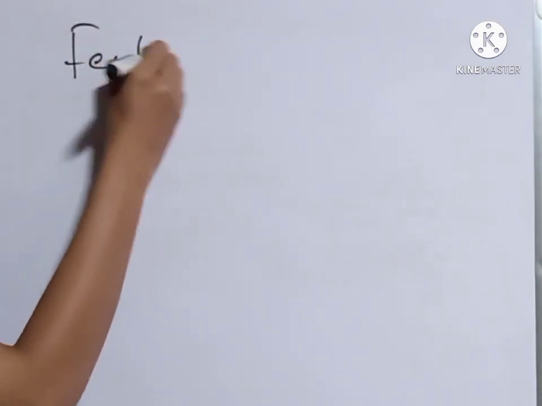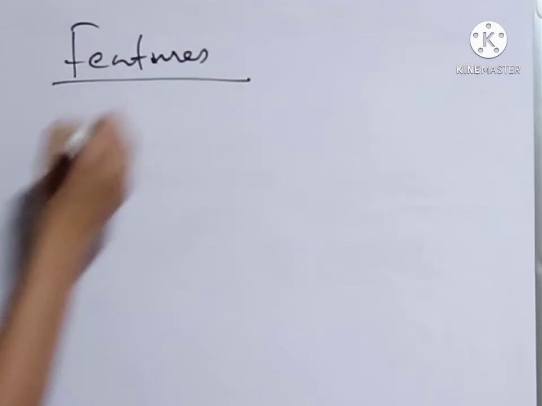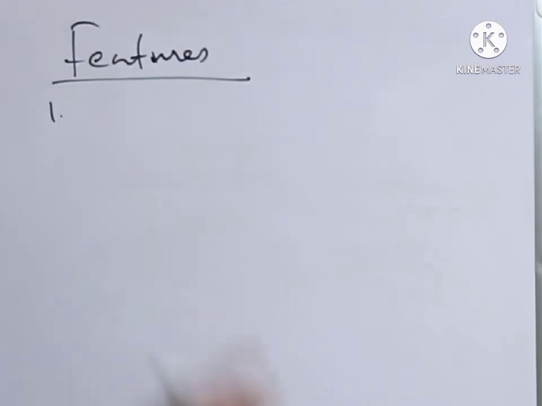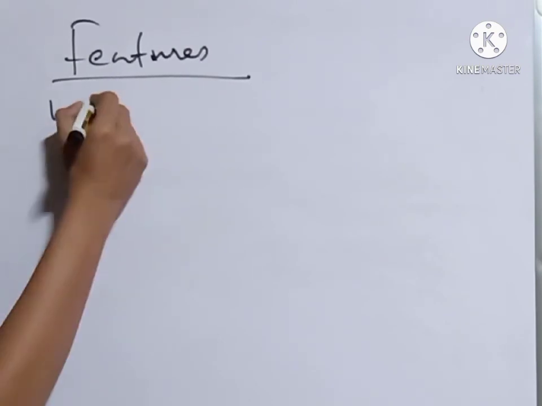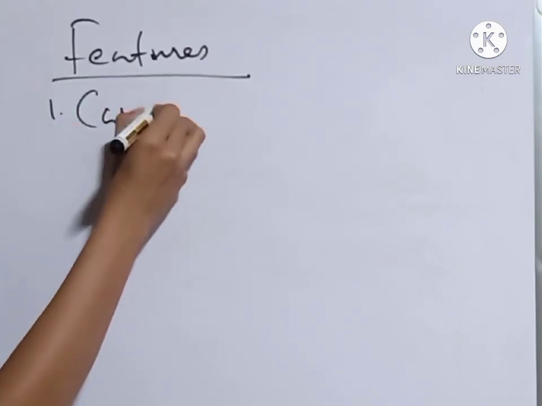Features of Ziegler-Natta polymerization. The most interesting feature of Ziegler-Natta polymerization is that these reactions can be carried out in mild conditions.